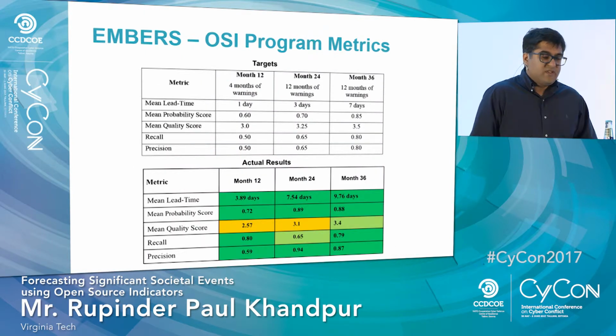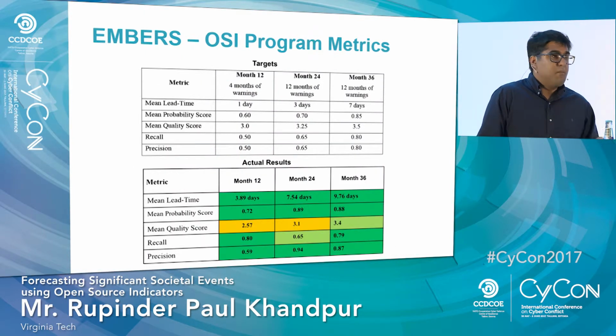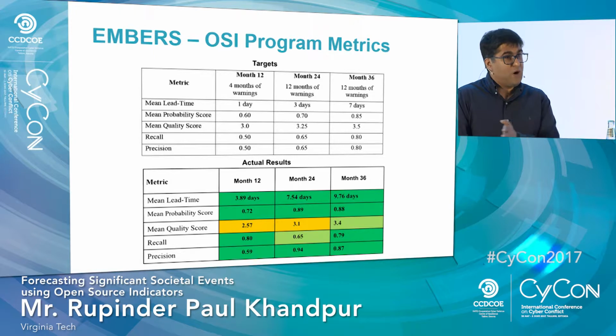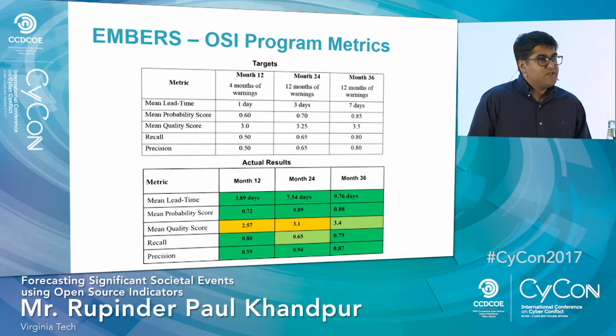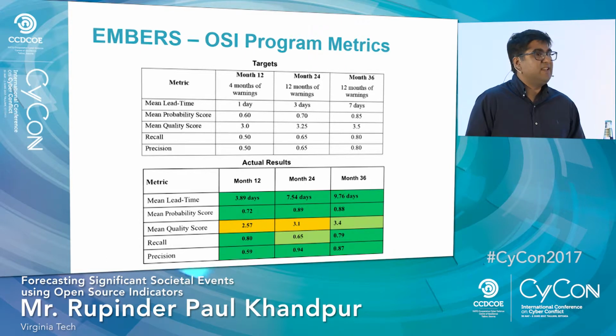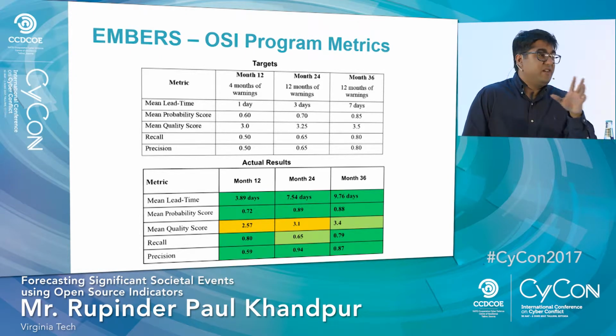The OSI program started out with milestones for every 12 months, and this shows you how well we did throughout that period. One key metric that was used was the lead time. Lead time is basically how far in advance we are able to generate a forecast. This is not simply a detection system that says, oh, today I detected an event.